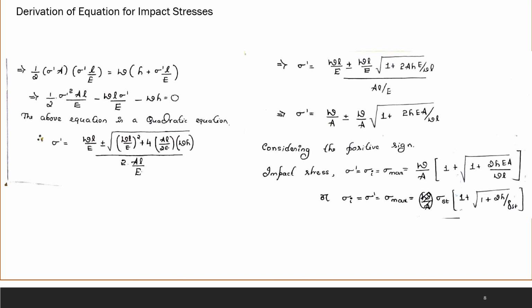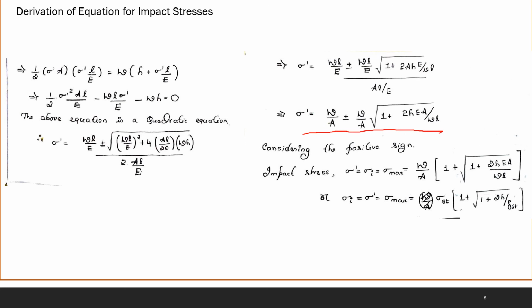The solution for that is minus b plus or minus root of b square minus 4ac divided by 2a. Here b is W minus WL by AE, a is half sigma square A by E, and c is minus W. Therefore you substitute that and simplify it, and you will get an equation for stress.